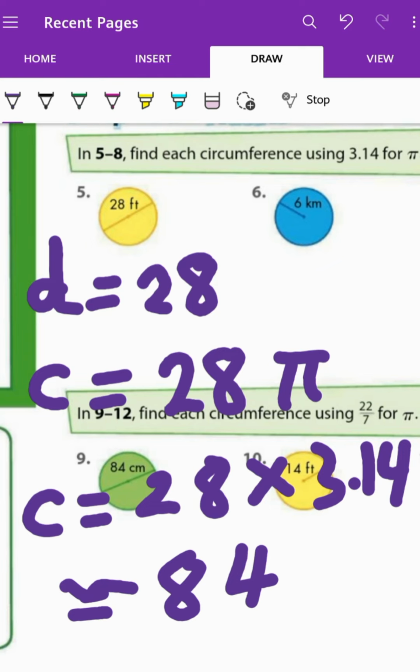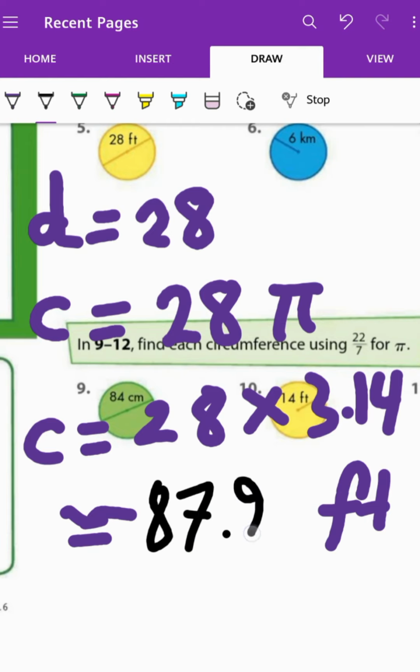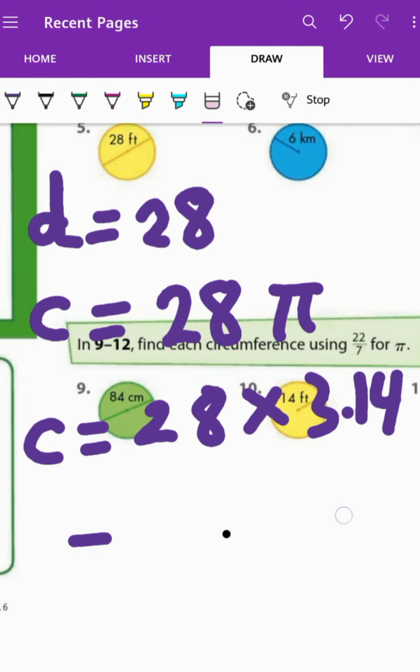The unit is feet. So the exact answer, if you are looking for the exact answer, it is 87.92 feet.